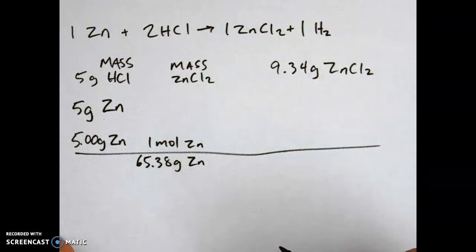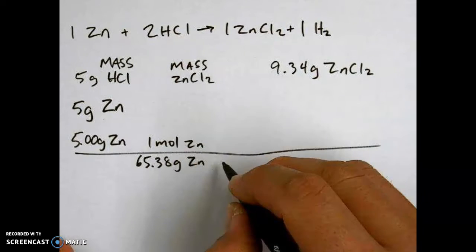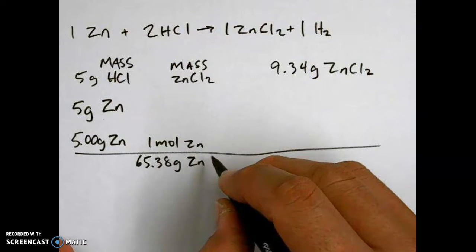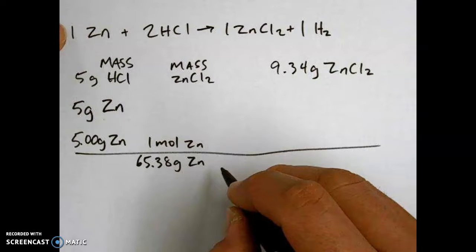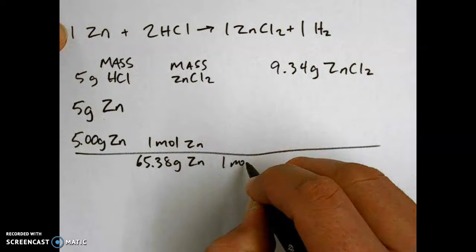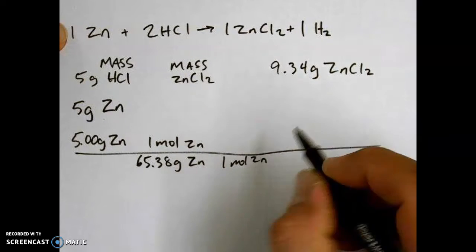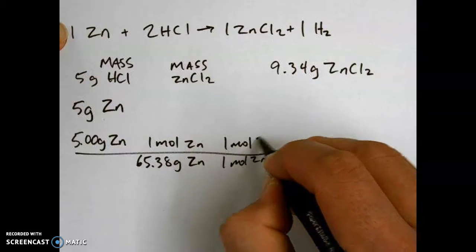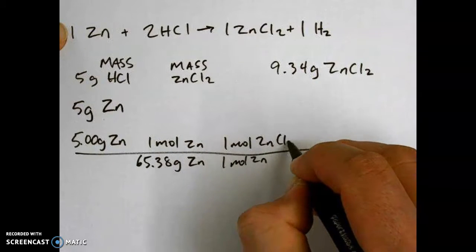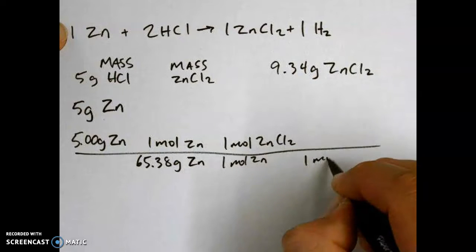For those of you who are talking, we are recording, so please. What's the mole-to-mole ratio? How many moles in the equation? We have 1 mole of zinc, and we're trying to get to zinc chloride, so 1 mole of zinc chloride.